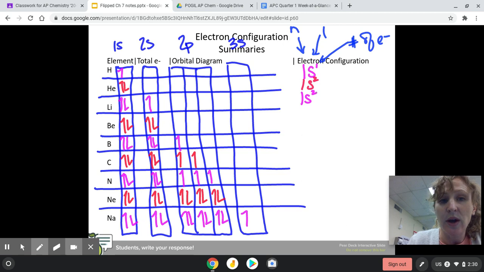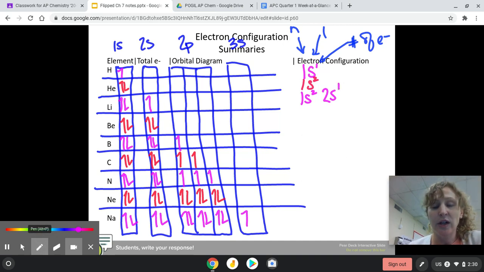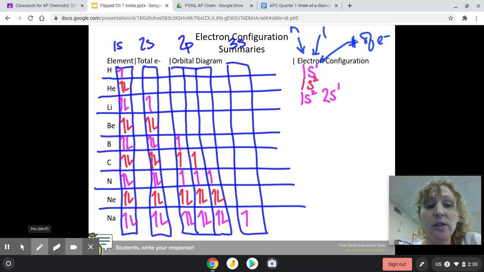It will also have an electron in the 2s subshell. Oops, and it won't have 2 electrons there. It'll just have 1 electron. Okay, so go ahead and pause your video. See if you can write the other ones out, and then you can compare them to what I write out.